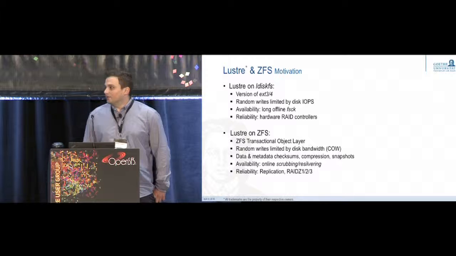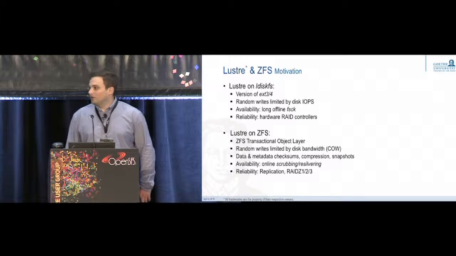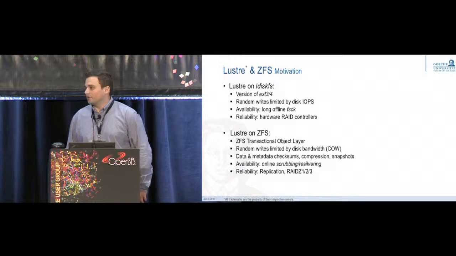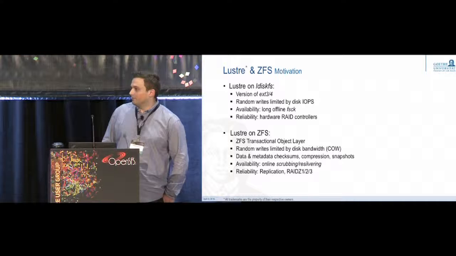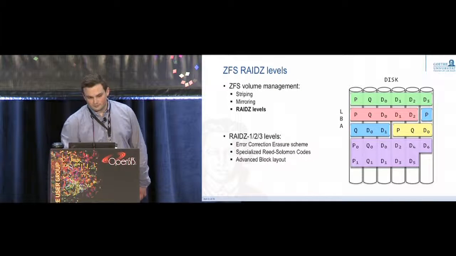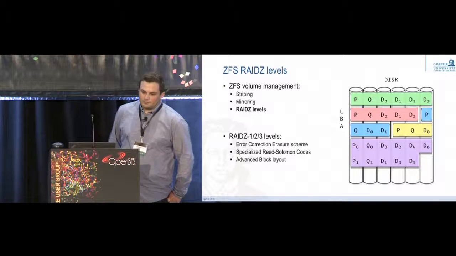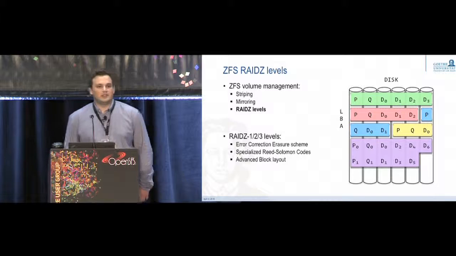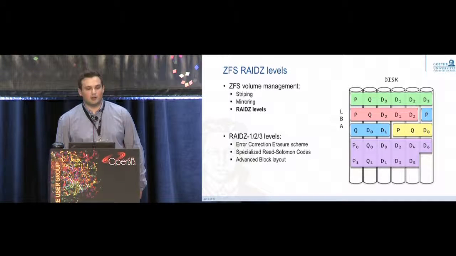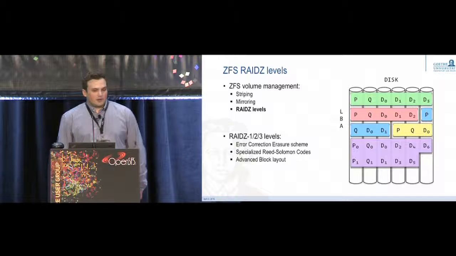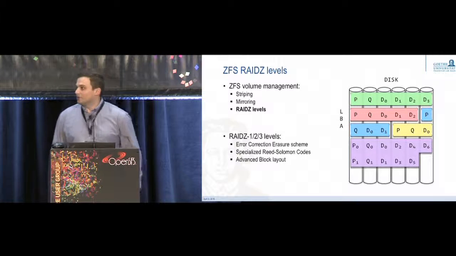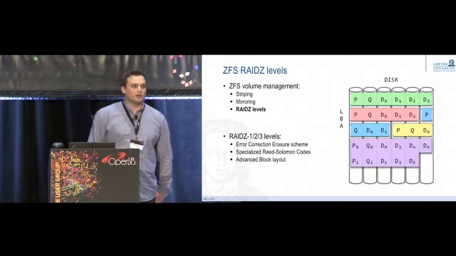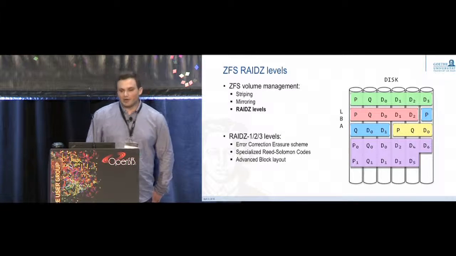It also can do availability in runtime, scrubbing or resilvering of the failed drives, and it supports software reliability. So, as I said, we based our OSTs on RAIDZ level 2, which added additional pressure on our CPUs because we don't use hardware RAID controllers anymore.